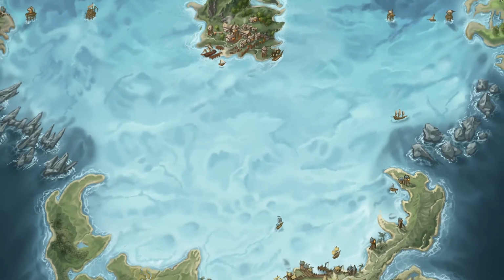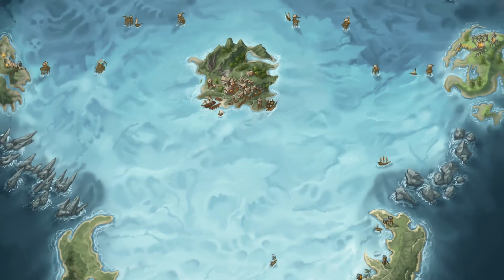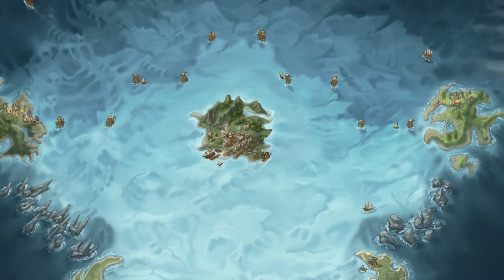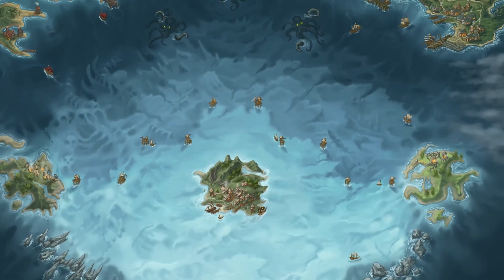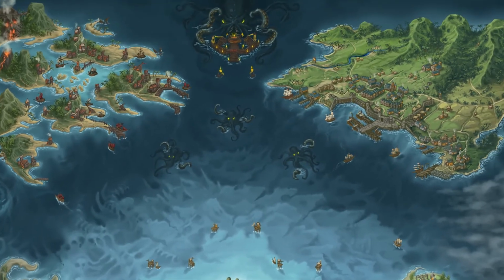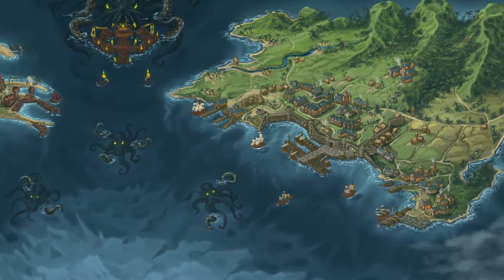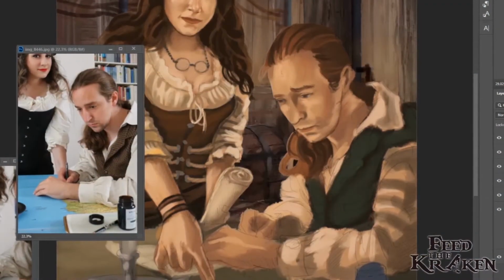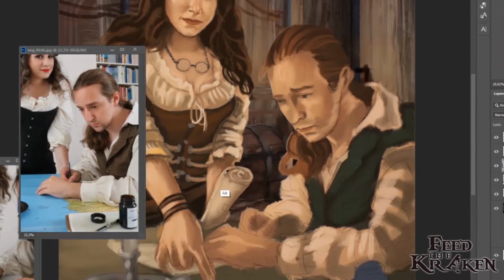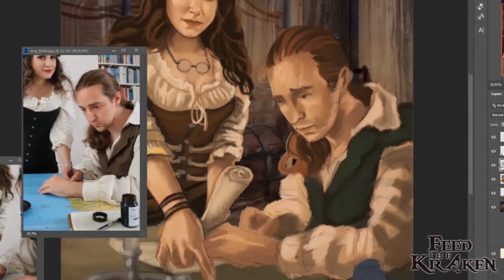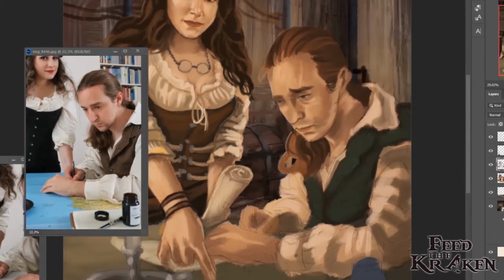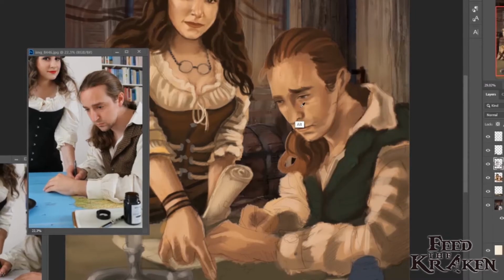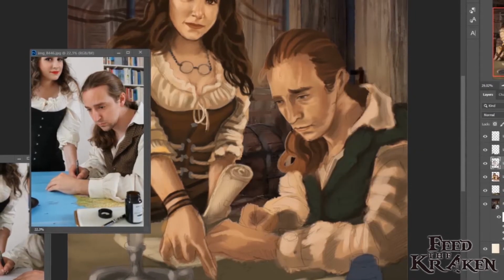And that was kind of the problem, to figure out a way to let the player feel like it's the open seas, but also, I mean, the size of the map isn't enough to show a huge ocean. So we had to find a way to give a feeling of distance, but also show all the little locations and make it clear to the player where he has to go and stuff.